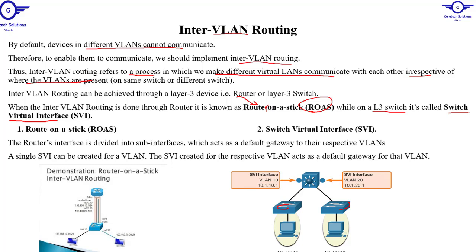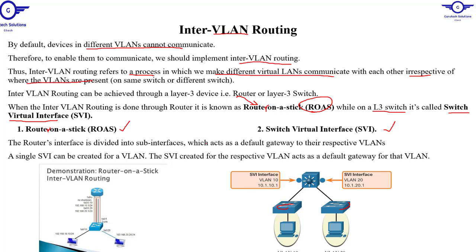So what's the difference between a router on a stick and SVI, or switch virtual interface? In a router on a stick, we divide a single interface into sub-interfaces. For example, we've been configuring gig 0/0.